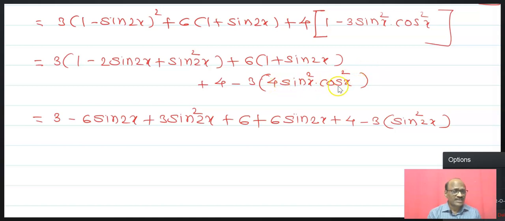But what is 2 sin x into cos x? 2 sin x into cos x is sin of 2x, but there is a bracket squared. Therefore, we have here sin square 2x. Therefore, this is important. And now all the remaining terms are as it is. That is 6 into 1 is 6, and 6 sin 2x. Now see this here.